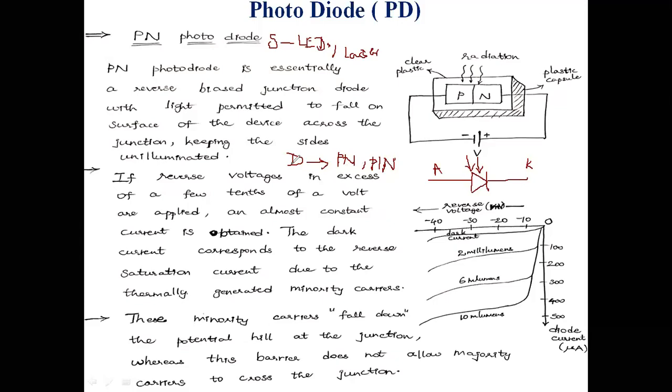These sources are going to be operated in forward bias condition only, whereas these detectors are operated in reverse bias condition only.